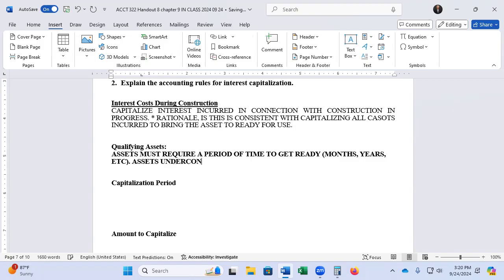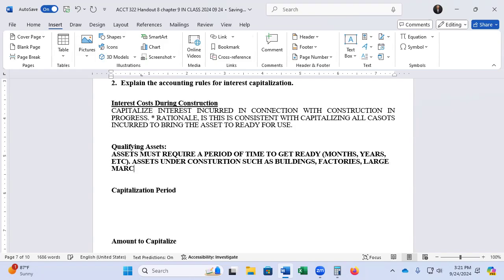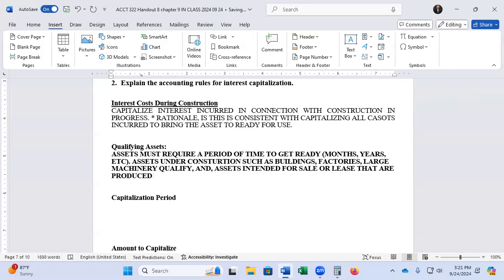Assets under construction: buildings, factories, large machinery qualify, and assets intended for sale or lease that are produced as separate projects.